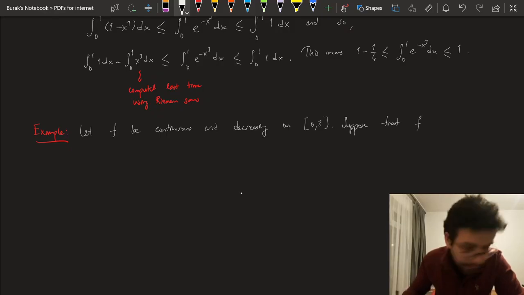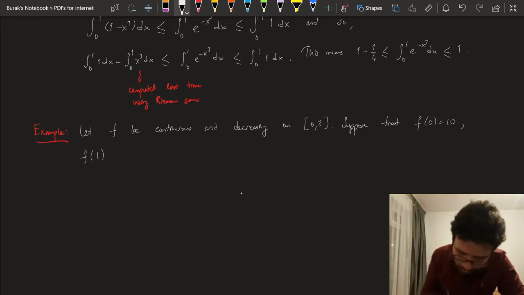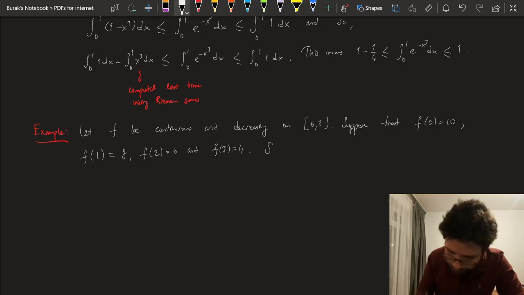Suppose that f of 0 is 10, f of 1 is 8, f of 2 is 6, and f of 3 is 4.